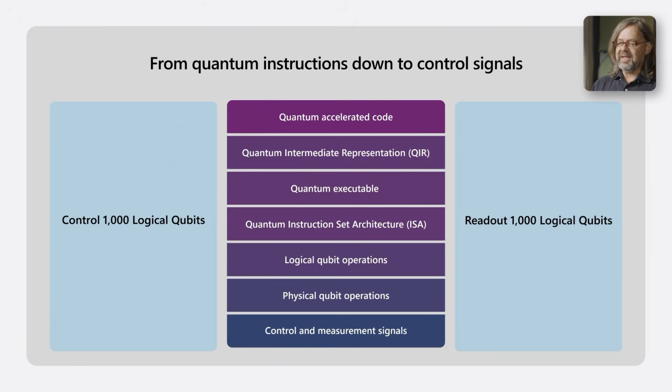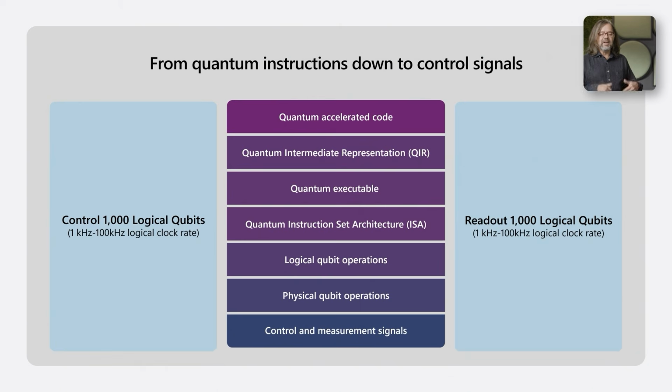But let's start today with 1,000 logical qubits. And the clock speed is important as well. We look at slow machines running at the kilohertz, so 1,000 logical instructions in a second, 200 kilohertz, which would be what I would like to have.